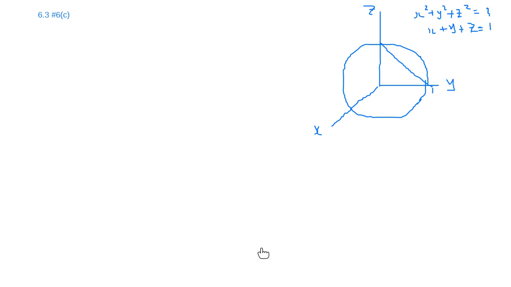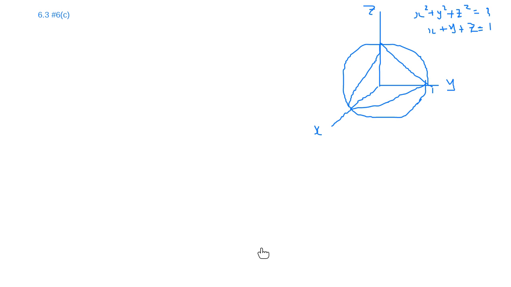Sorry, that was when z is 0. When x is 0, you get z is 1 minus y, and if y is 0, you're going to get z is 1 minus x. Okay, so there's your plane.